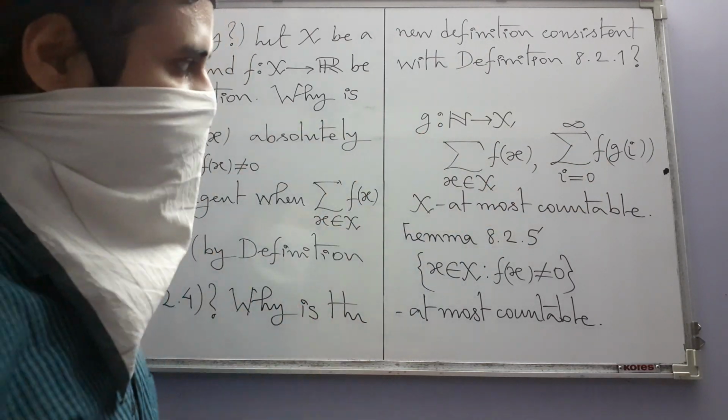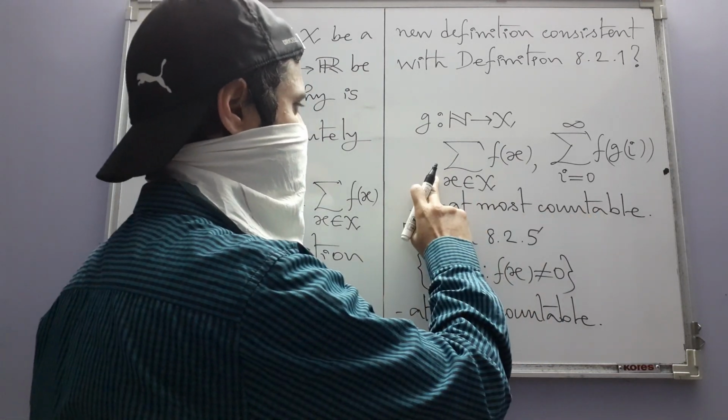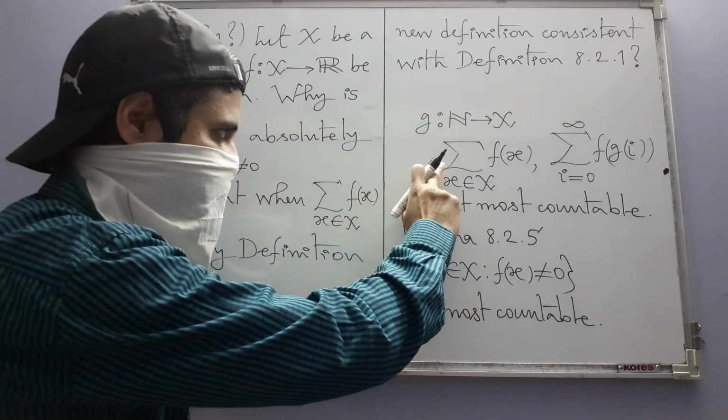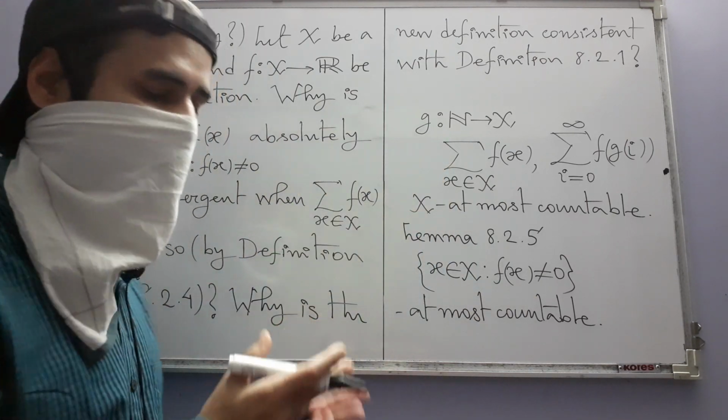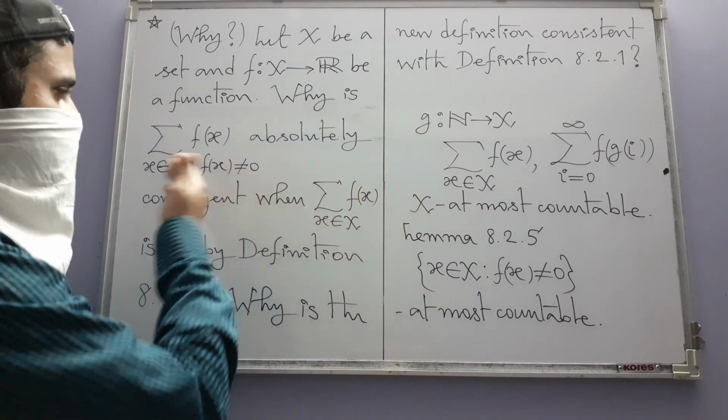That is one thing. But at the same time, if we apply this definition to find the value of this sum, it is slightly different. What is it? It goes like this.